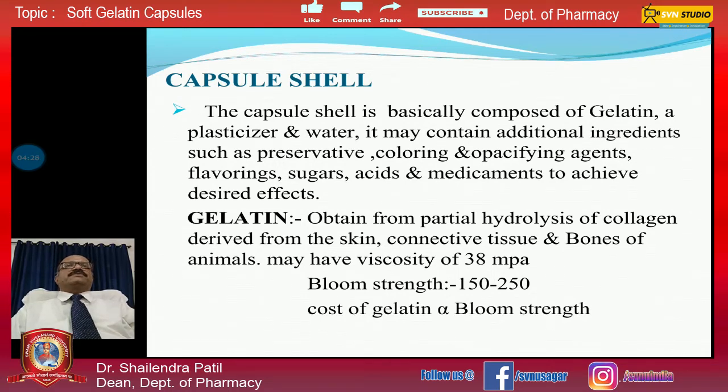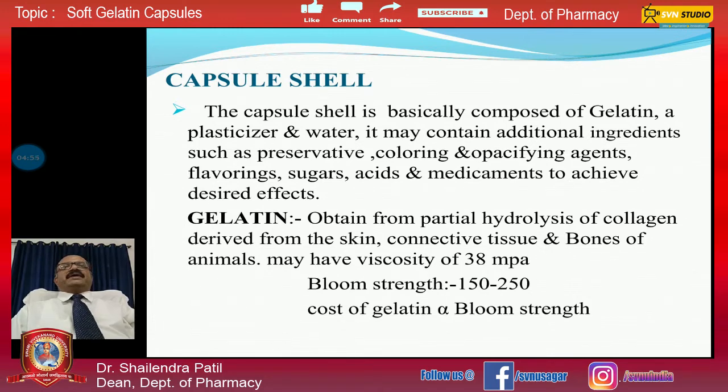Coming to the capsule shell. The capsule shell is basically composed of gelatin, a plasticizer, and water. It may contain additional ingredients such as preservatives, coloring and opacifying agents, flavoring, sugars, acids, and medicaments to achieve desired effects. Gelatin is mainly obtained from partial hydrolysis of collagen derived from the skin, connective tissues, and bones of animals.